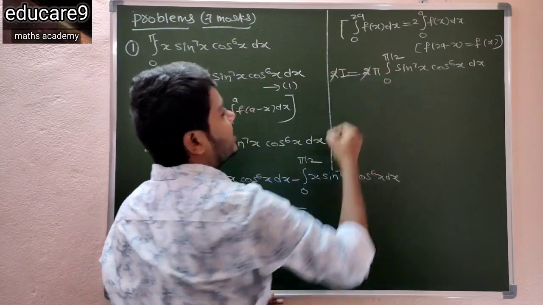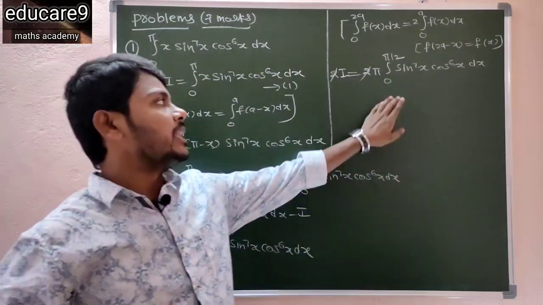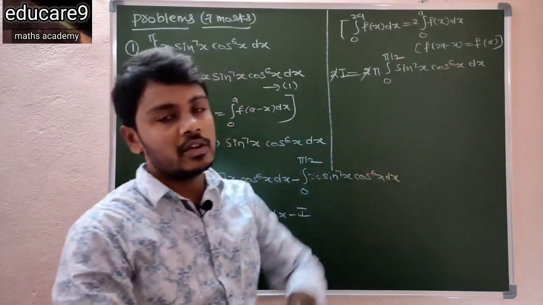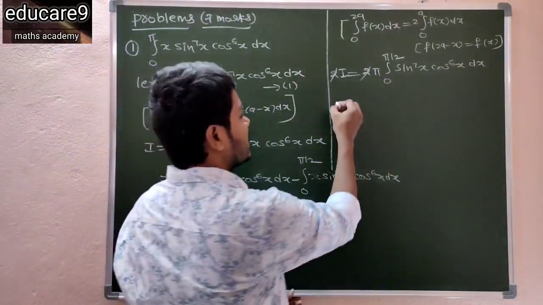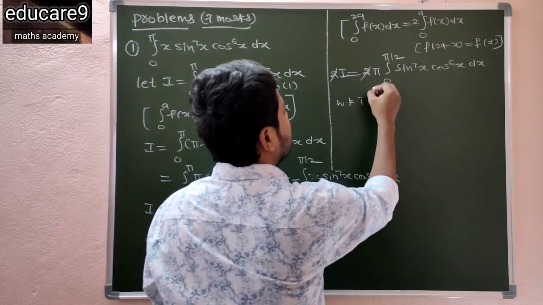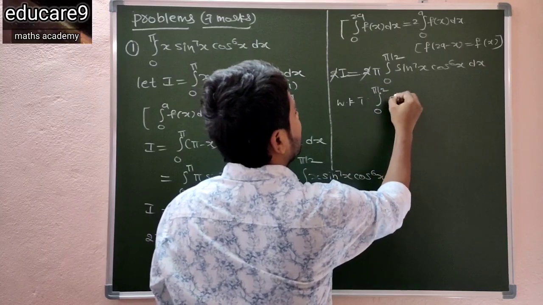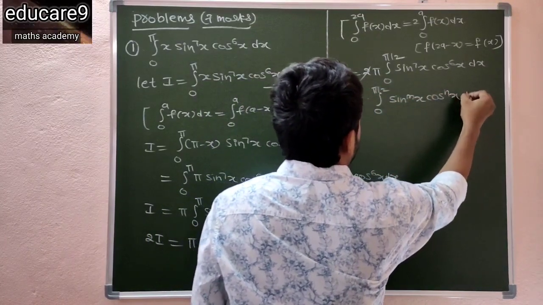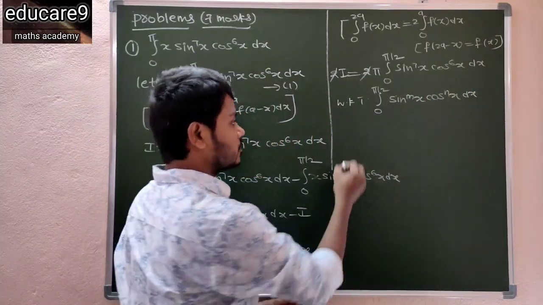So the 2 gets cancelled. Now here apply the reduction formula for the integral from 0 to pi by 2 of sin^m x cos^6 x dx. See here, you know the formula for the integral from 0 to pi by 2 of sin^m x cos^n x dx.